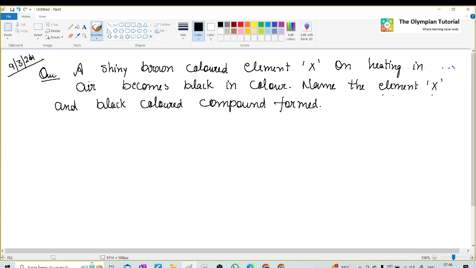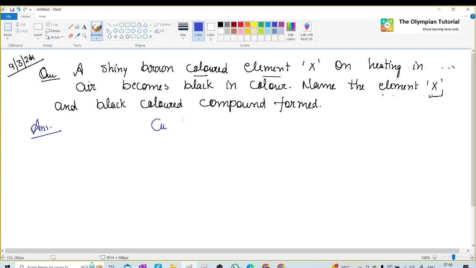Brown colored element X on heating in air becomes black in color. The element is copper. Okay. Write down X is copper. And what is the symbolic form of copper, Tanya? Cu. C capital, U small.